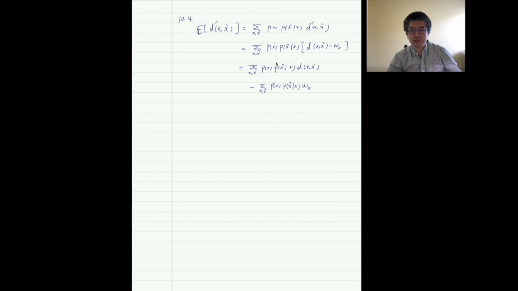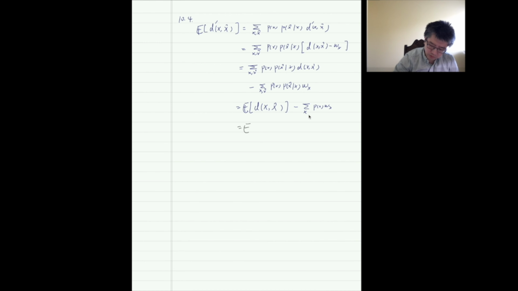The first term is the definition of the original distortion. For the second term, if we sum over x hat first, we get this, which is basically the definition of w bar.